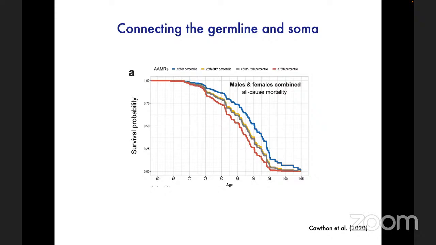And there is a correlation between having a higher mutation rate and having lower fecundity. So there can be this connection between mutation and fitness, and between germline mutation and essentially somatic fitness.